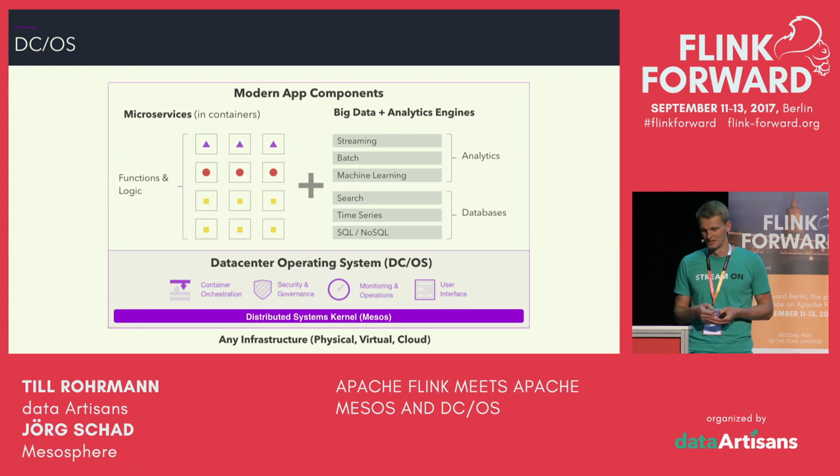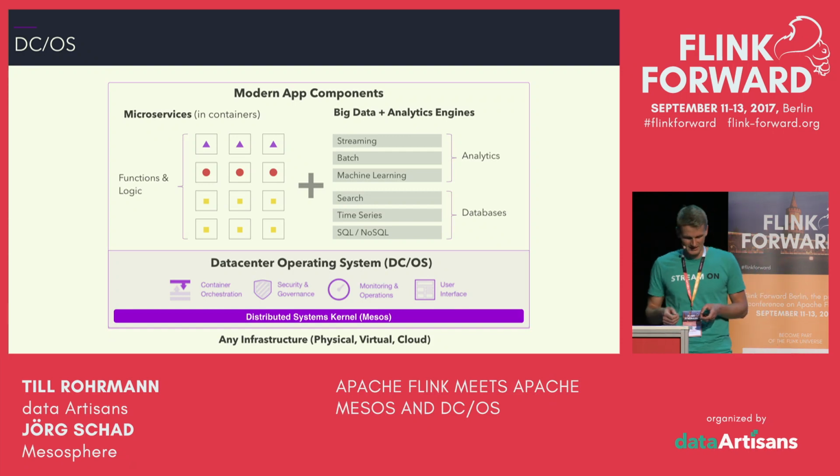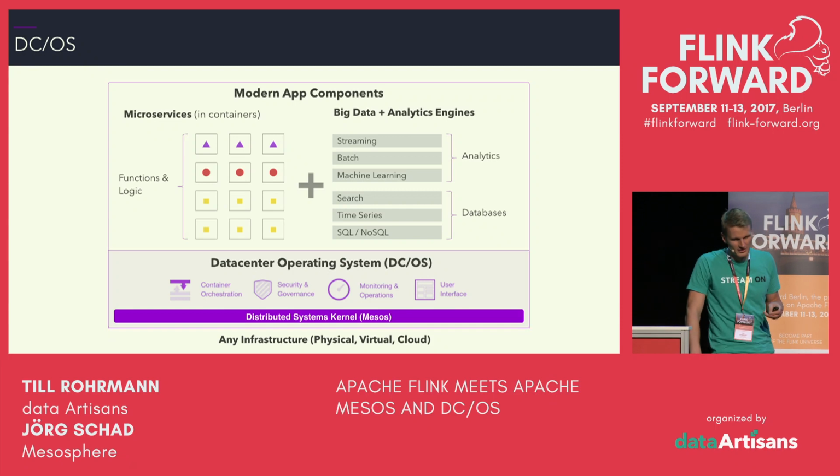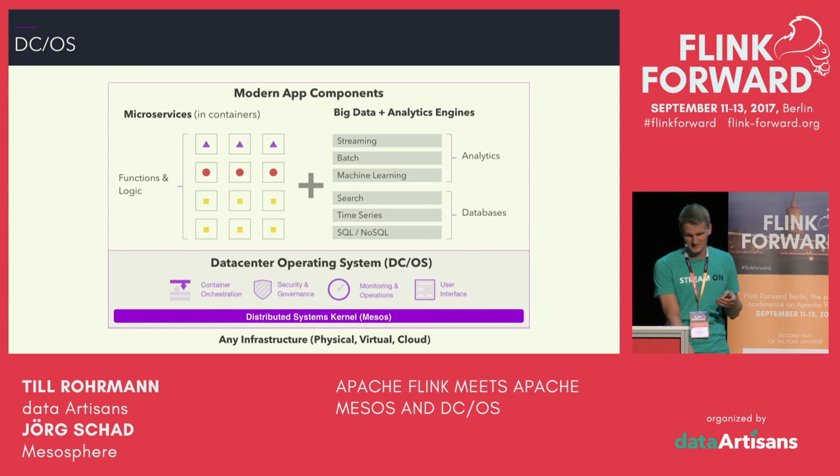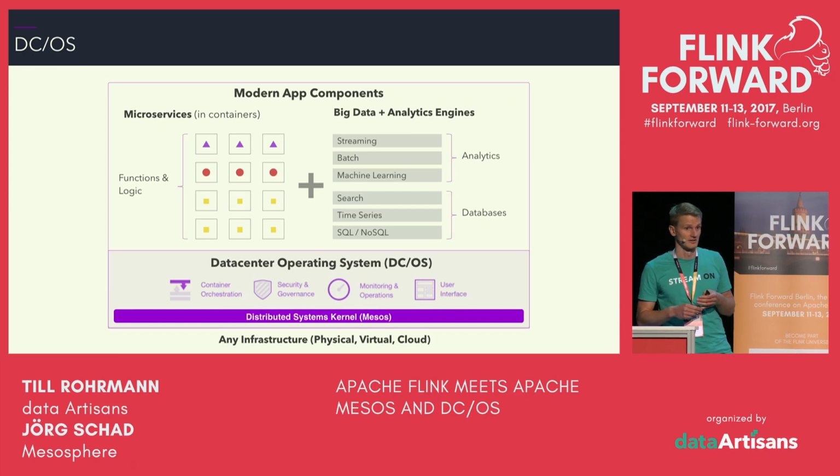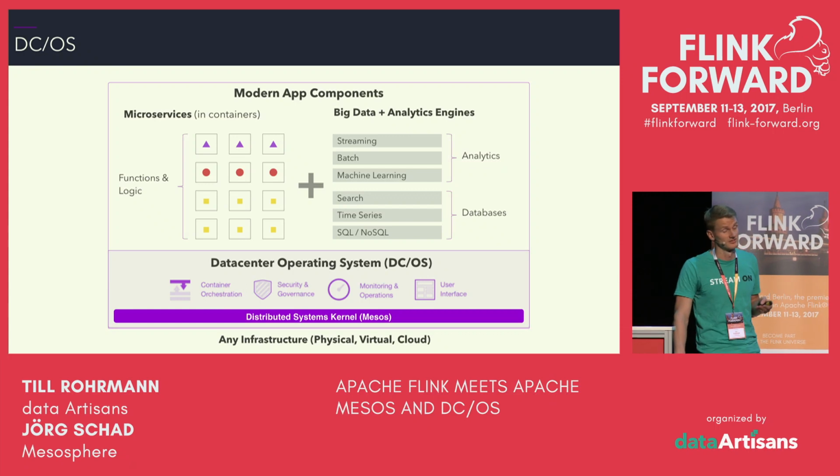You have some systems for streaming or batch analytics or machine learning. What all these services have in common is that they need some services to be executed. So, for example, if you want to run them in containers, they need something which does the container orchestration. They usually need an authentication service.